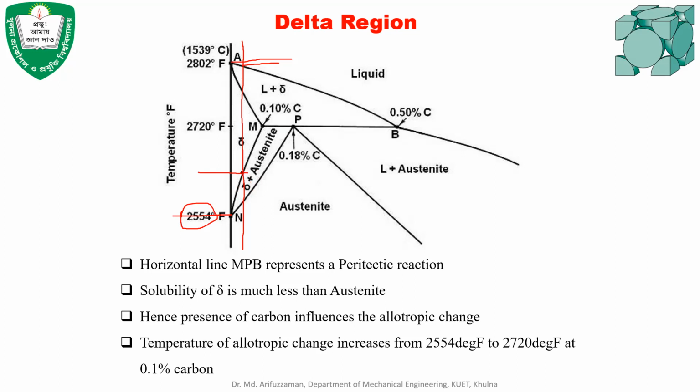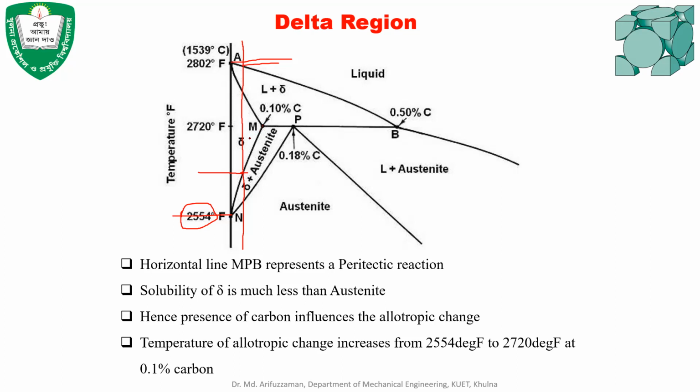That is the effect of carbon content in the iron, in the delta region. So when more carbon is added in the iron, the temperature starts to increase up to this temperature, where delta iron has reached its maximum solubility of carbon.